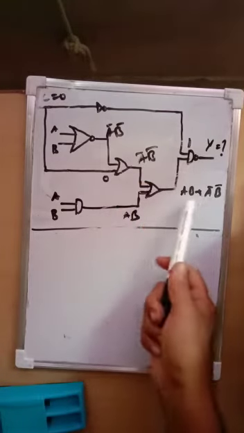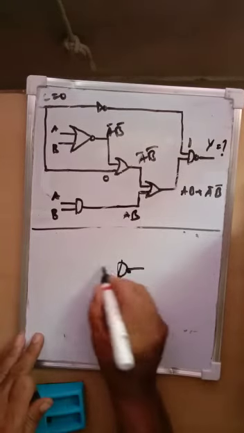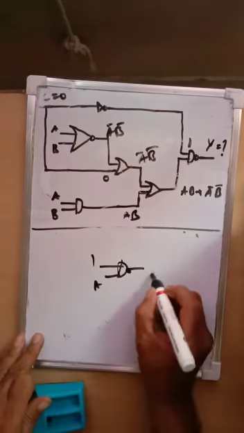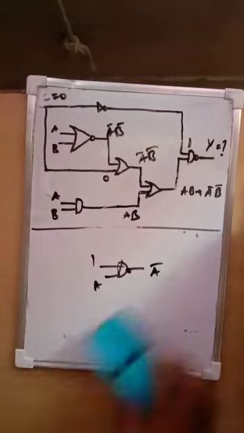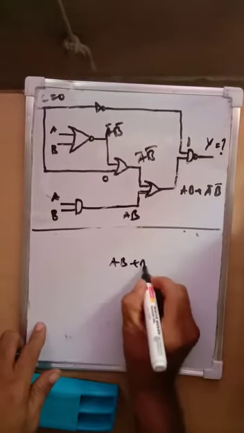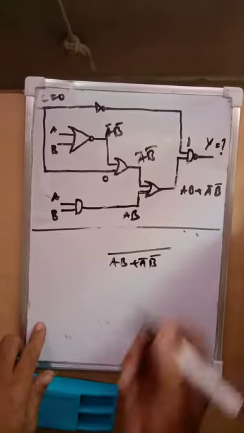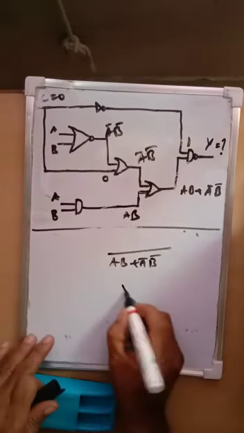It is quite inverse. Already we have discussed it. If 1, that means this becomes A bar. Similarly, this value is definitely the inverse of this. What is the inverse of this? It is the exclusive NOR gate. The inverse of the exclusive NOR gate is the XOR gate.